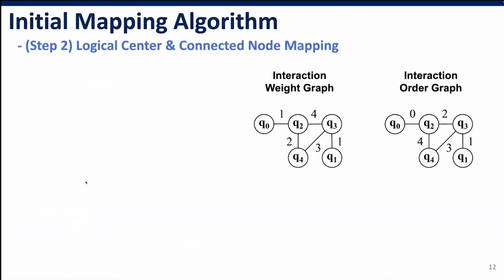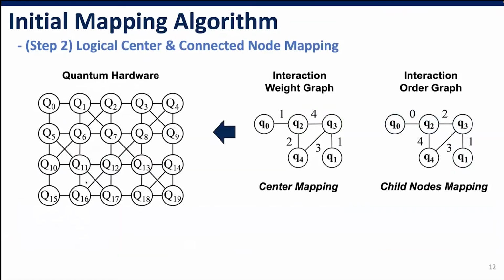To find the isomorphic graph, we iterate the mapping of each logical center and each child node mapping. To determine the order of the center mapping, we use the interaction weight graph. In this way, we can consider the qubits in descending order of the number of CNOT connections.